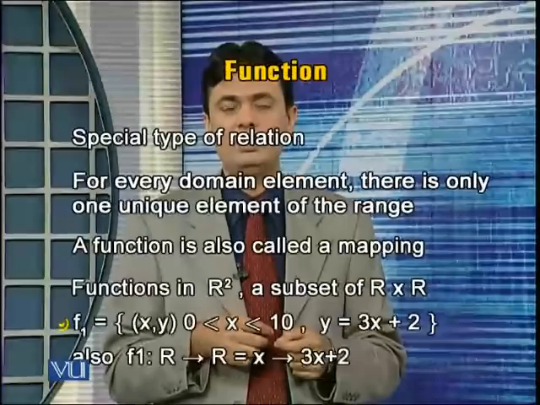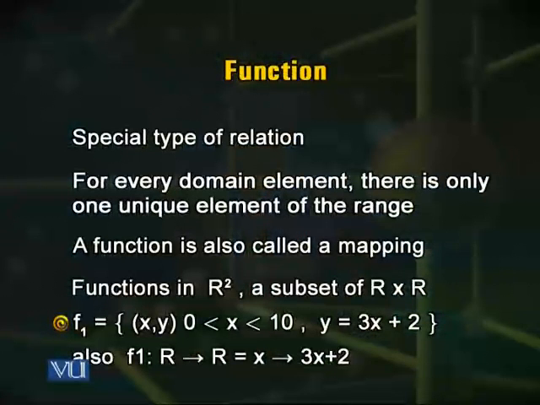In this slide, for example, you will see a function f1 which is a special subset of R2, the 2D plane, and it has all pairs of real numbers x, y such that x is between 0 and 10. And if you know x, you can find y by using this equation, y = 3x + 2. So this equation gives you the value of y once you put in the value of x.